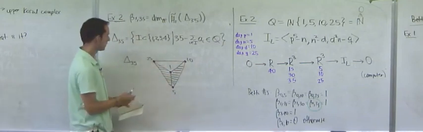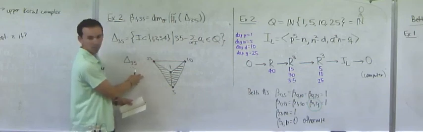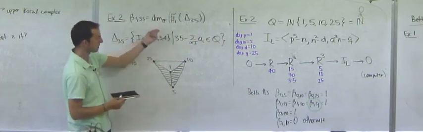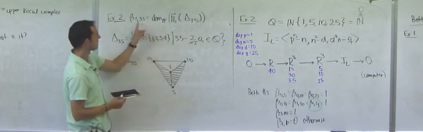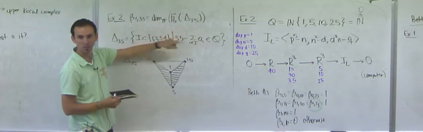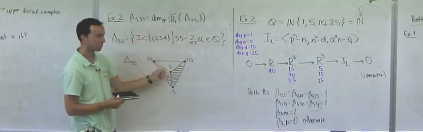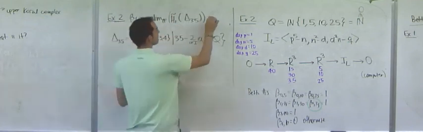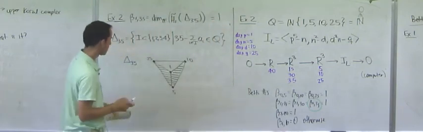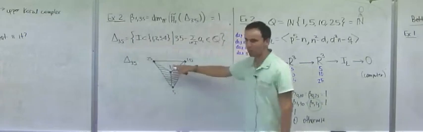Okay? So this is delta 35. And, well, that's good because this Betti number is 1, so that means that I should expect to see a one-dimensional hole here, which I do. Now, how do I cover up this hole?